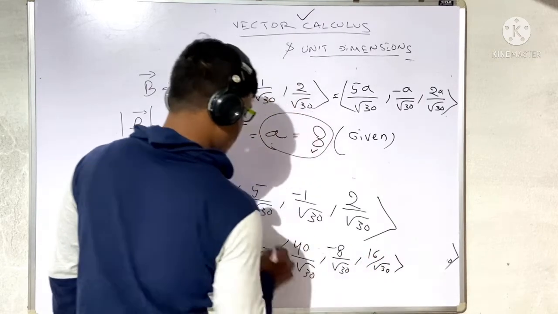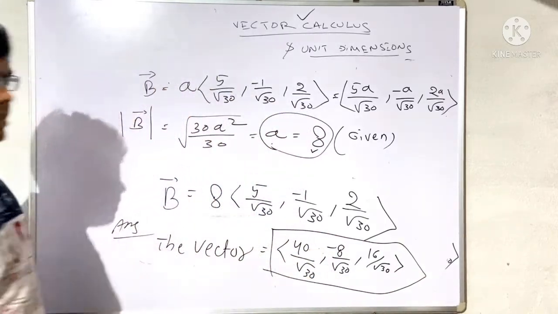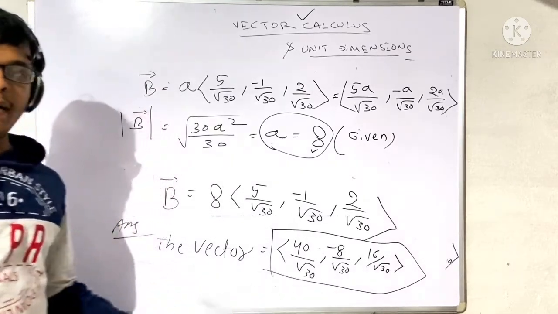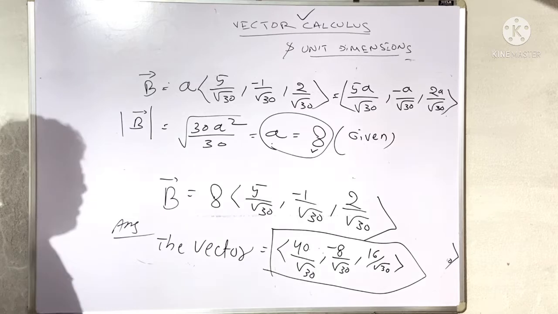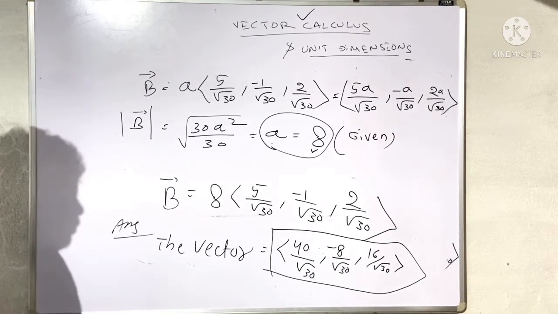So this is the answer. This is the vector which has magnitude 8 and direction similar to the direction of 5 minus 1 2.